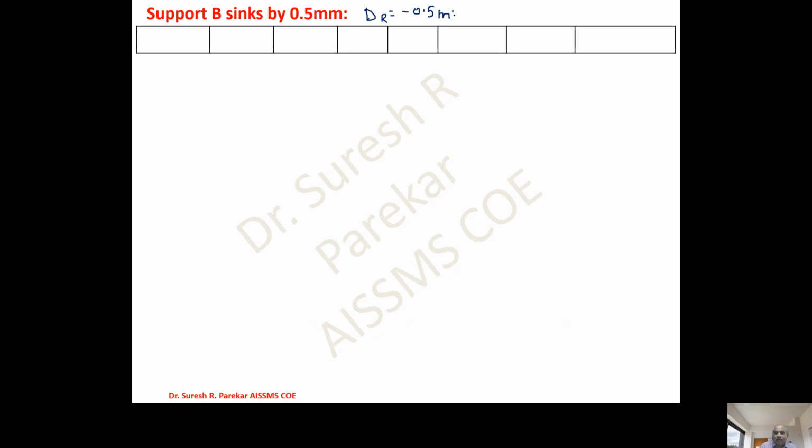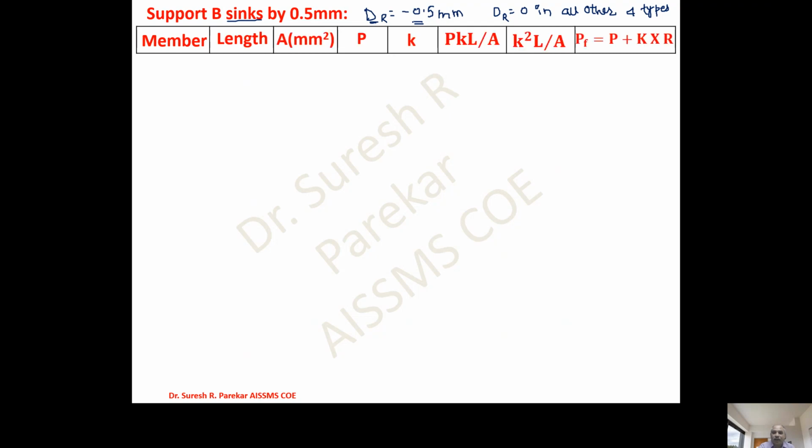This is in millimeters. So only in sinking of support we have a value of dr. In all other four types we have dr as 0, because this is the actual displacement allowed, and we are allowing 0.5 millimeter displacement.